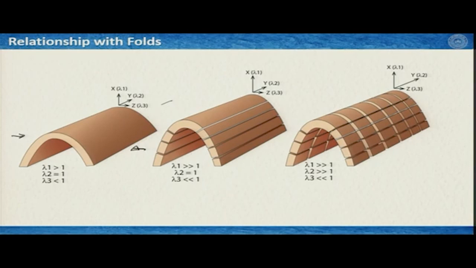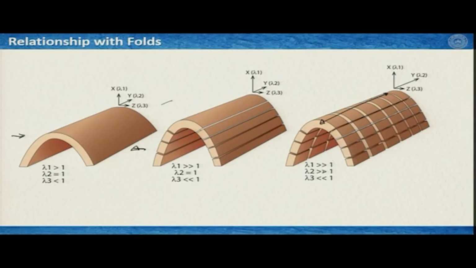Now, with progressive deformation, as you can see here, this layer along lambda 1 is getting Boudinaged, and at a later stage it gets extended along the fold axis like this. So, y takes over, that means lambda 2 is also much greater than 1.